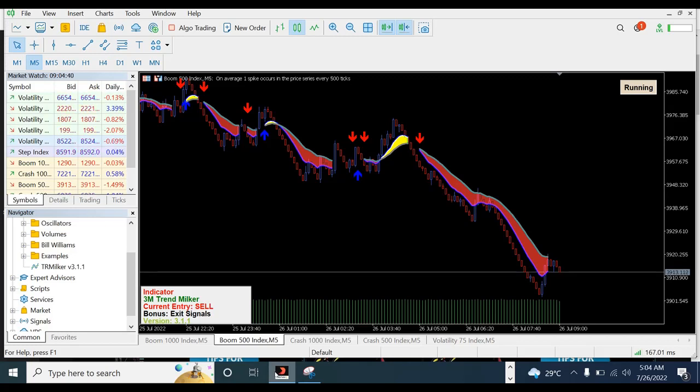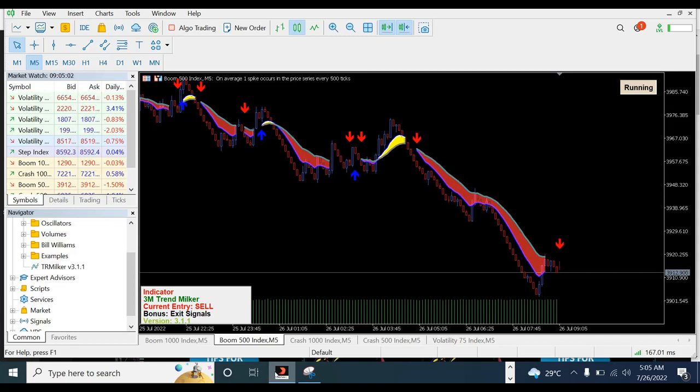I will advise you to go with the 5 minute time frame, and that way you can easily have a broader look at the chart, so that you will know what to expect in the next 5 minutes, in the next 10 minutes, in the next 20 minutes. So that is always very, very important. So I'm going to advise you to start with the 5 minute time frame, and just follow the simple instructions I will be giving you in this video, most especially if you have no idea about the markets at all. Okay, this is very easy to do.